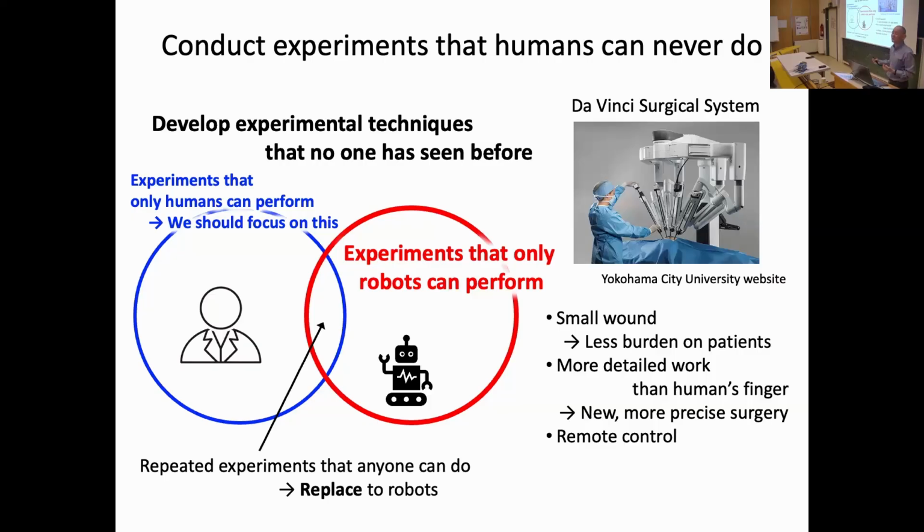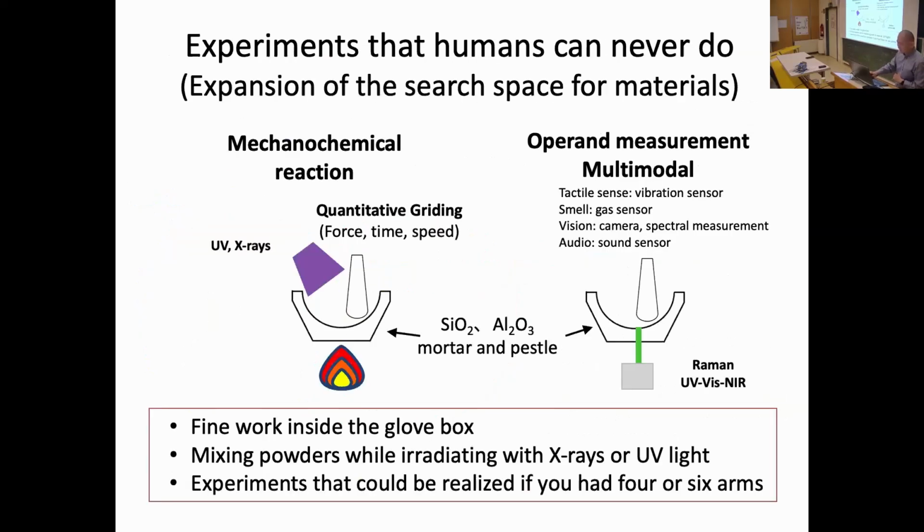So we can design our experiments completely differently if we think that humans do not do the experiments, only the robots do. One example of what we are doing is the mixing of samples. Like a mortar and pestle, we always use a mortar and pestle for mixing, but that strongly depends on students.